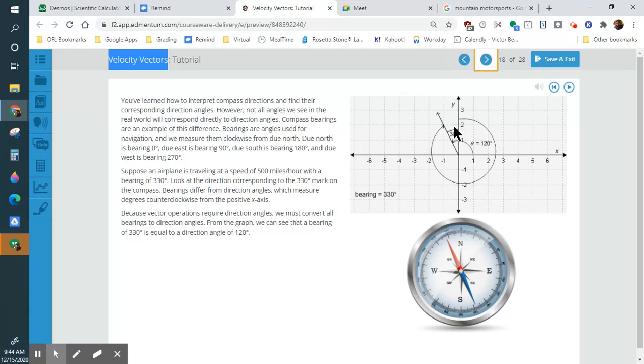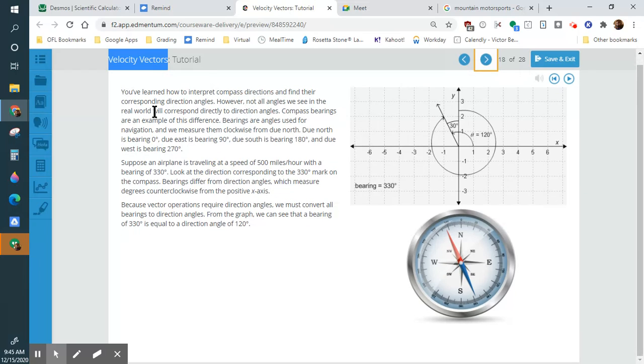it's saying the bearing from north, basically. That's what it means by bearing: they're going clockwise. So bearings differ in direction, which means counterclockwise from the positive x-axis, or clockwise from the positive x-axis.